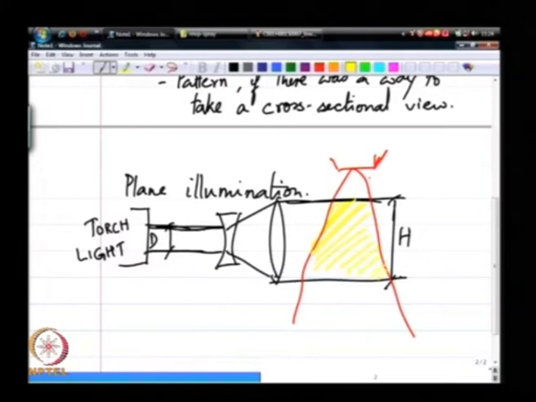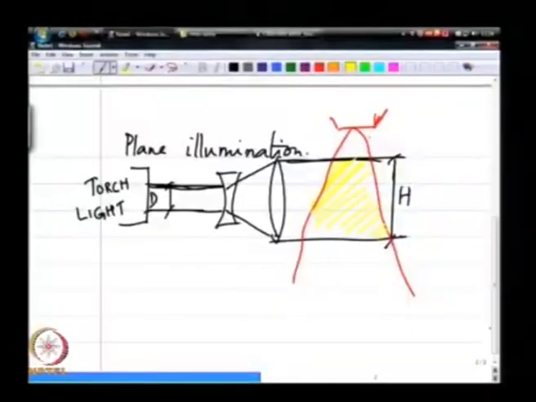So, if my camera in this particular view is normal to the sheet, where our eyes are located currently, then we would only see the drops as they propagate through this sheet of light. So, this plane illumination, or light sheet illumination, is a very nice technique to look at what is happening in a cross section.